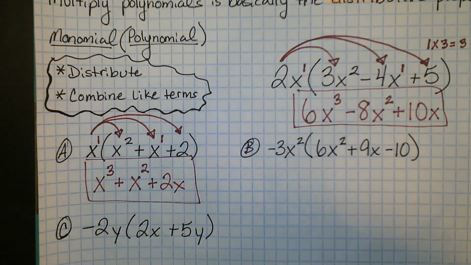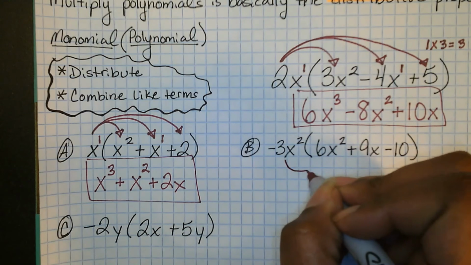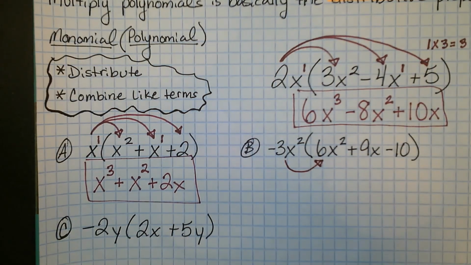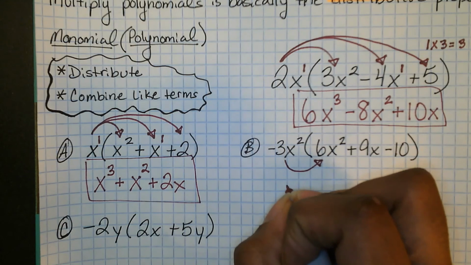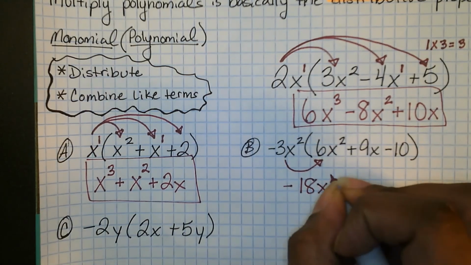Example B, we have negative 3x squared times 6x squared plus 9x minus 10. You just need to focus on making sure that you multiply the term on the outside of the parentheses with everything on the inside of the parentheses. So a negative 3x squared times a positive 6x squared is a negative 18x to the fourth.